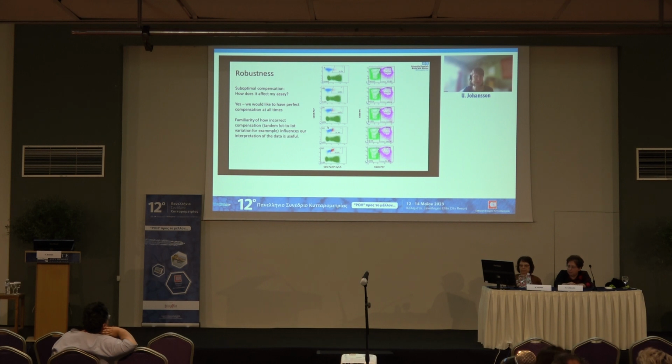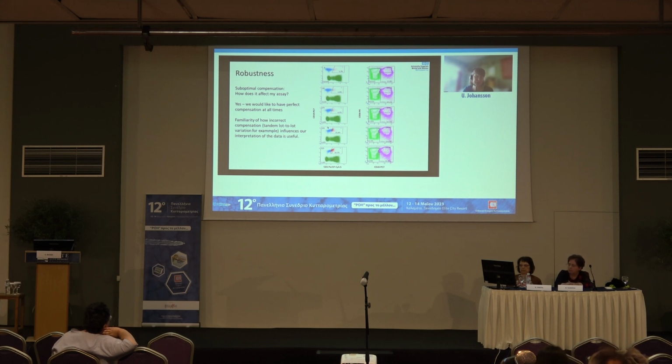Well, then I take data and I do offline compensation. I change the compensation percentage value and I see how it affects the plots. Here are just some old examples, CD19 versus CD5, and if I artificially increase the compensation applied, you can see how we get more and more cells that look CD5 positive, but you can clearly see it looks not ideally compensated.